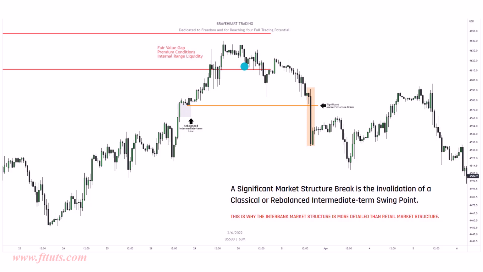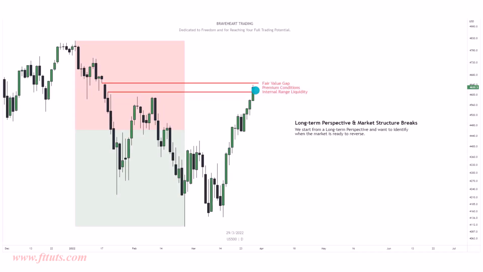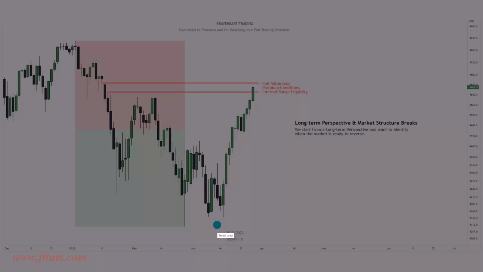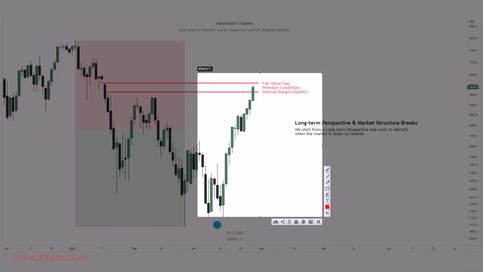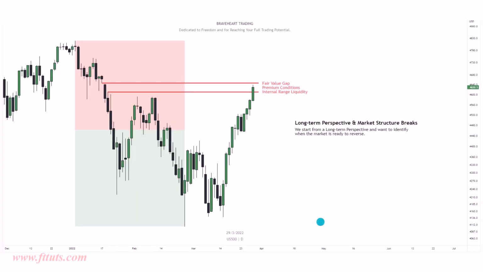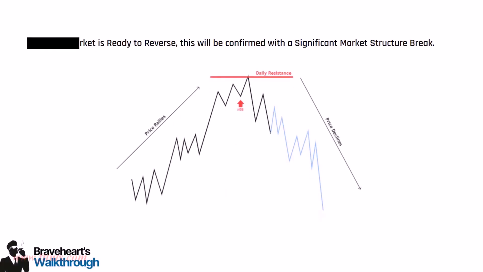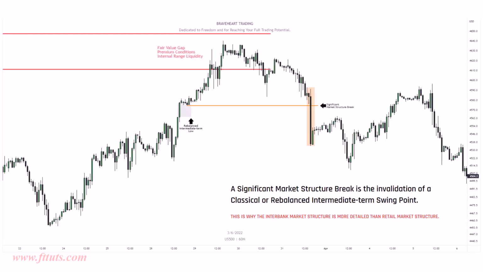Sure, these are little market structure breaks, but if you want to see this trend reverse, this entire trend reverse, rather than just looking for a little day trade or scalp, make sure that you're basing that off a significant market structure break.